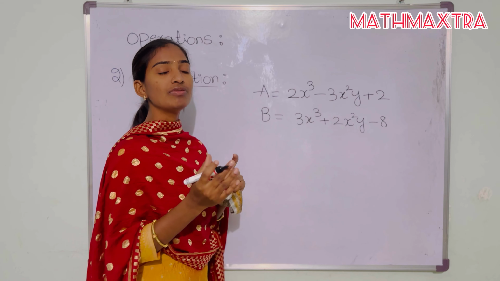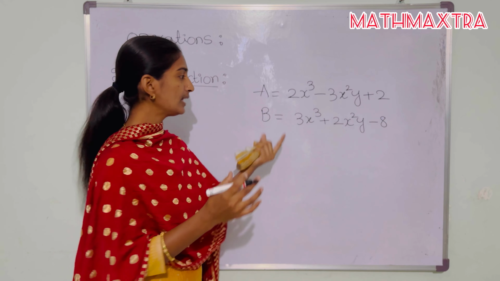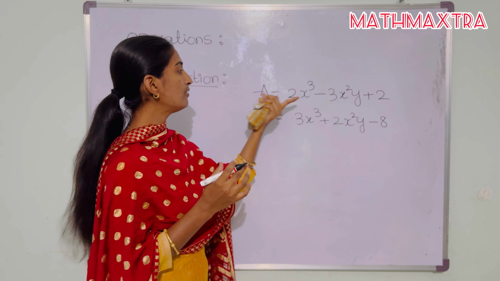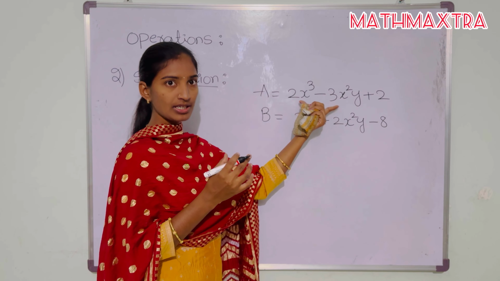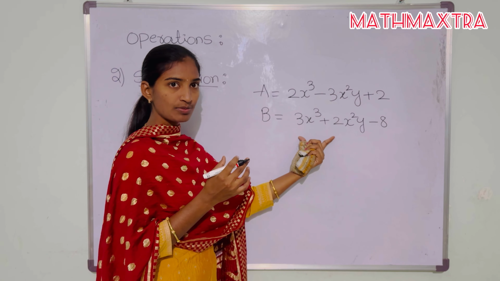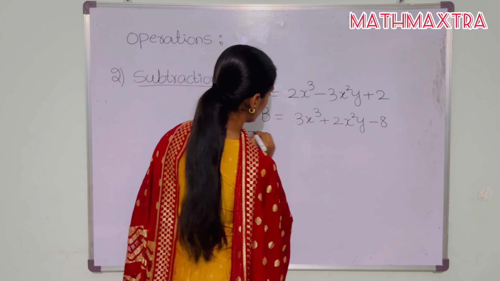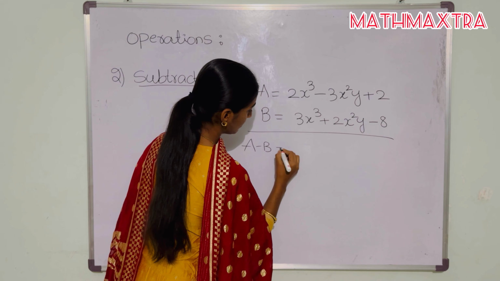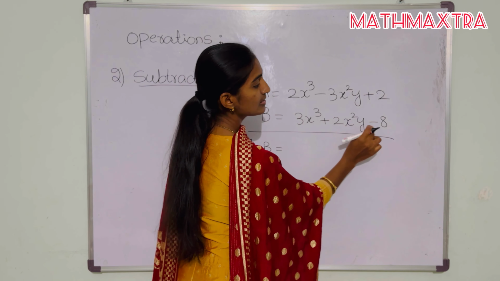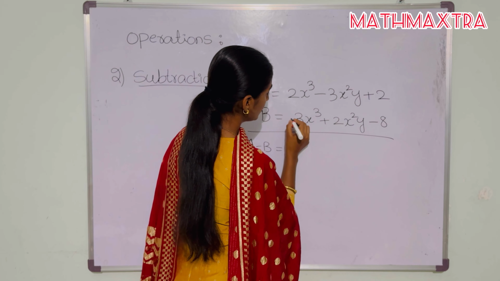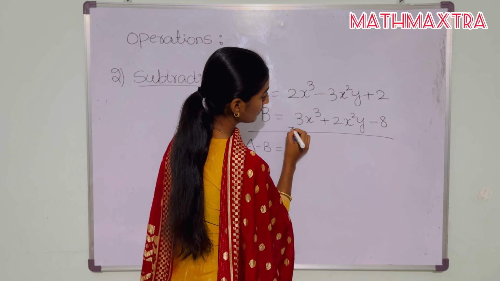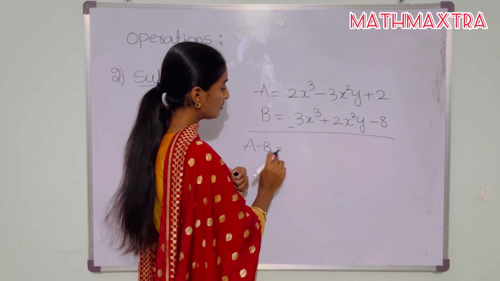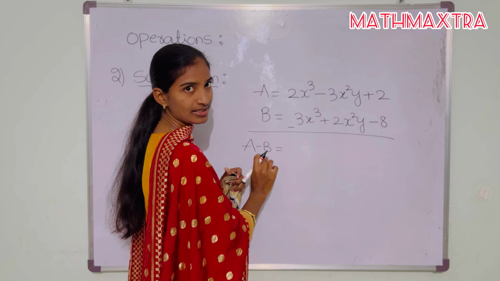A minus b is nothing but subtracting the b expression from a. So you have to write the a expression first, then the b expression. Now for a minus b, you simply change the signs, because we are subtracting, meaning we are multiplying with minus, isn't it?